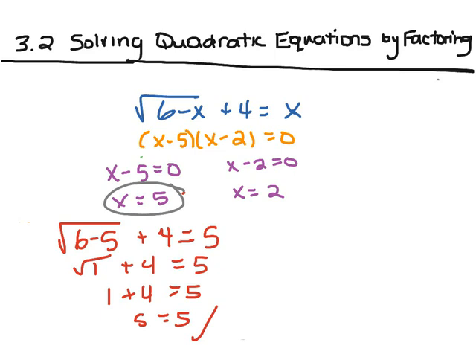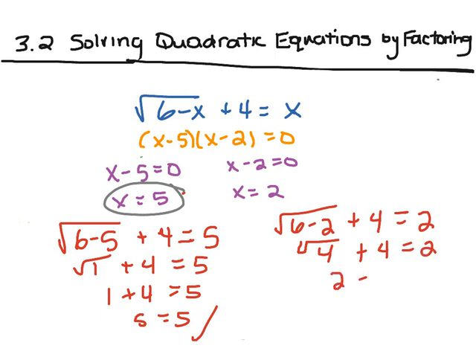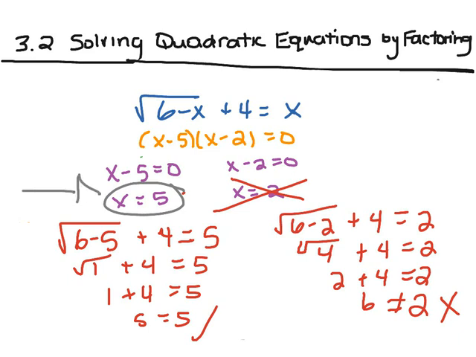If we check this one, the square root of 6 minus 2 plus 4 equals 2. 6 minus 2 is 4, and the square root of 4 is 2. 2 plus 4 is 6, which does not equal 2. So this doesn't work. So x equals 5 is our only answer that satisfies the equation.